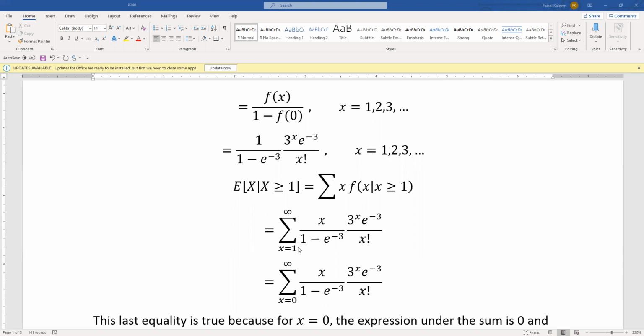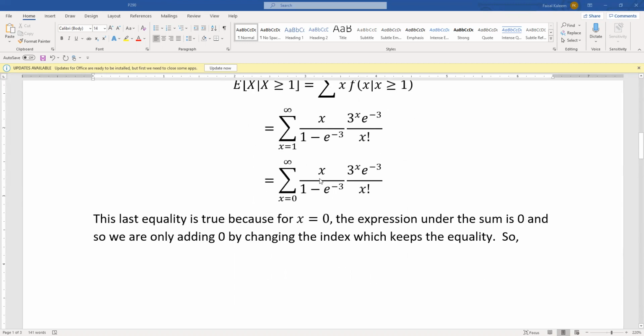And if you throw in the term x equal to 0, you see for x equal to 0, this whole expression is 0 because of this x. Therefore, even if we start the summation from 0, we haven't changed anything because all we have done is add a term which was actually 0.